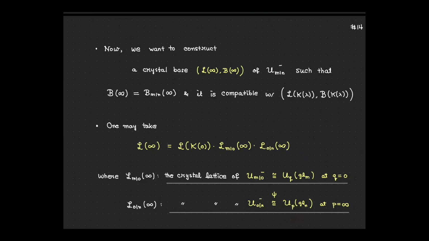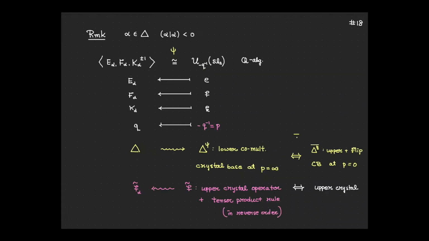So psi is the isomorphism which I have introduced in the first lecture. It's just an example of the UQSL2 triple. But if we restrict the UQSL2 triple to the simple roots with negative squared norm, then the isomorphism with the usual UQSL2 triple is given by this form.